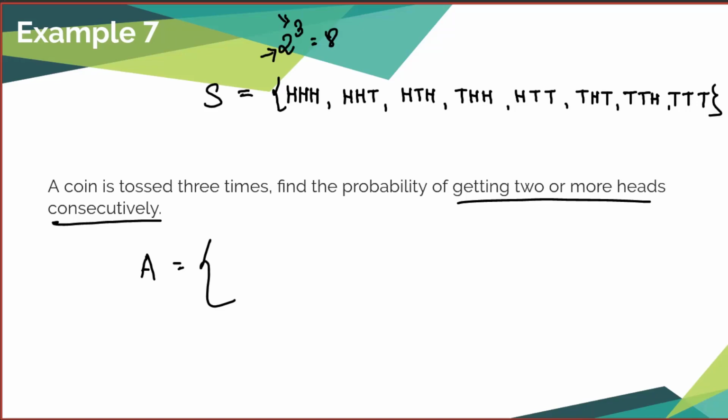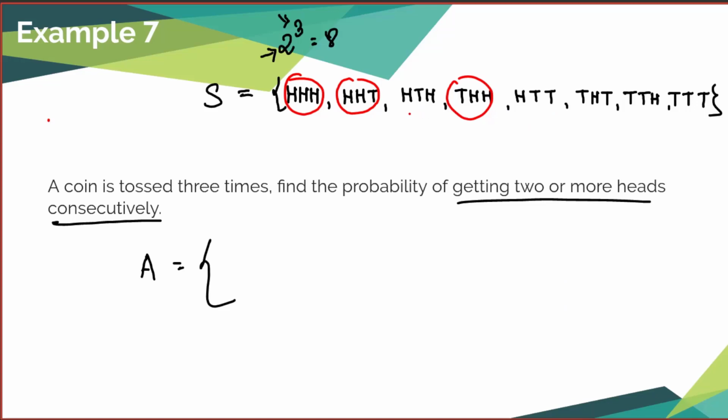So I will denote them or circle them by red. This one satisfies the condition, two or more consecutive. Here also we have two consecutive heads, right? Here also we have two consecutive heads, and we have none other, right? We don't have any other where we have two or more consecutive heads.